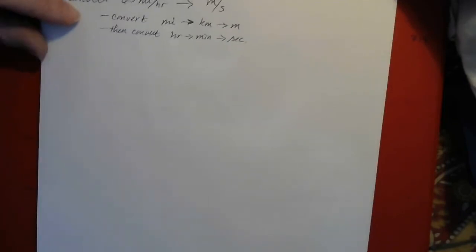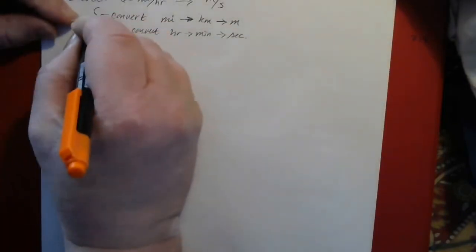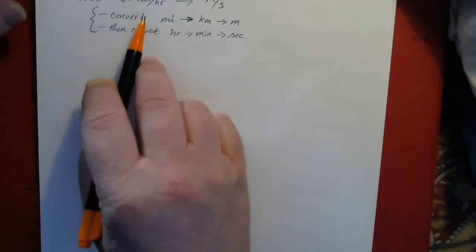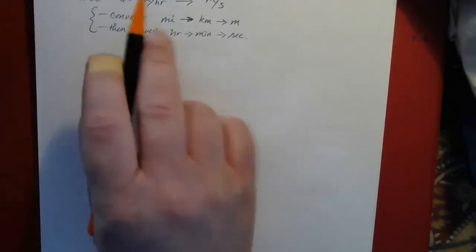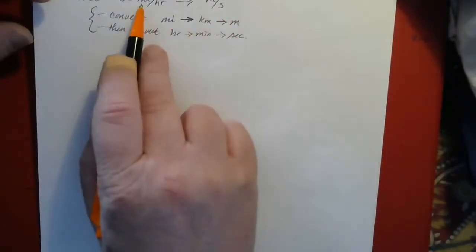And we're going to do that one after the other. In fact, you don't even have to stop and start a new step. You can do it all at once, straight across, like we've been doing most of the conversions so far. You still have to map out how you're going to do those conversions, though.